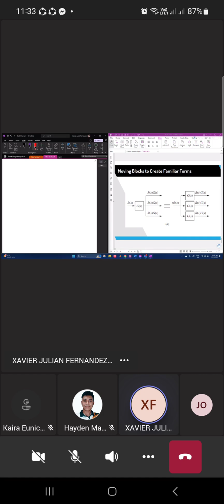If r of s is your input and the pickoff point sends it to 3 paths, this becomes r of s times g of s, that one, r of s times g of s, and so on. Which is just the same. Okay. Tama na siya.